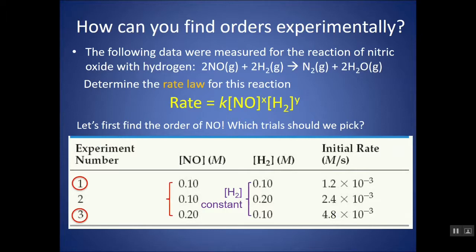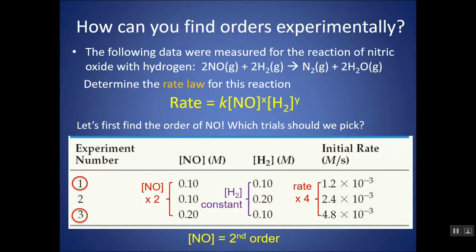So let's see what NO is doing. NO is doubling, and what's happening to the rate? It's going from 1.2 times 10 to the negative 3 to 4.8 times 10 to the negative 3. It's increasing by a factor of 4. So what would be the order of NO? NO must be second order in order to have that effect.